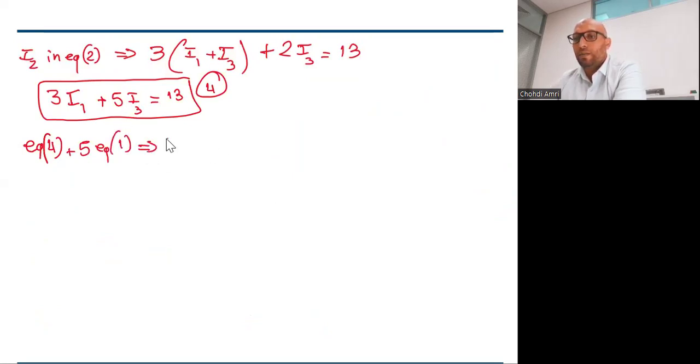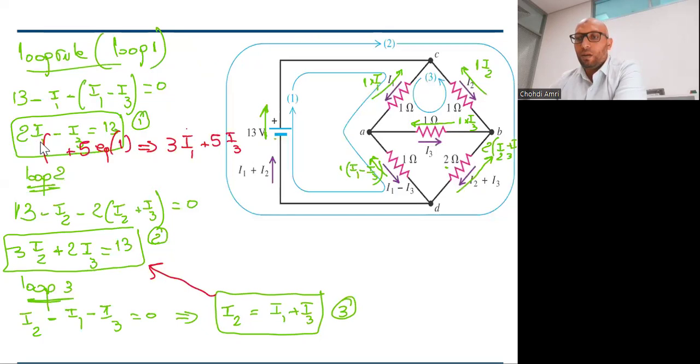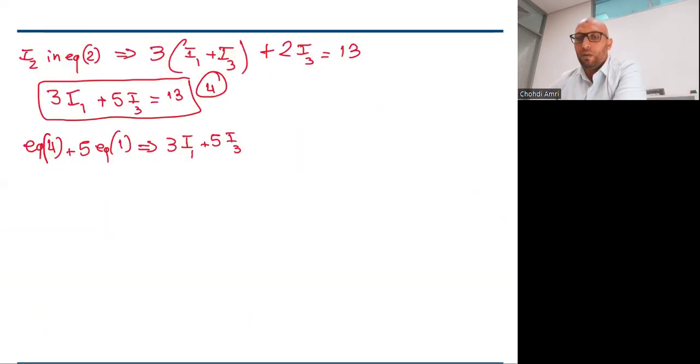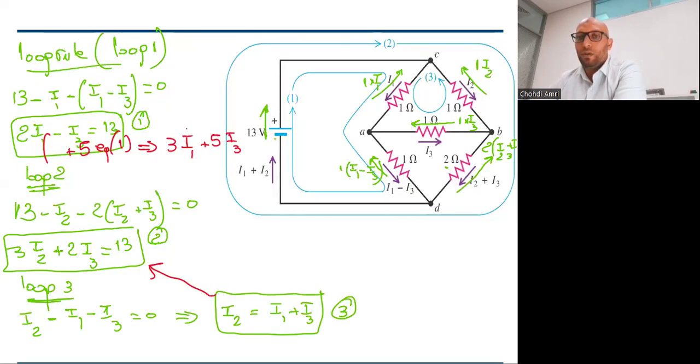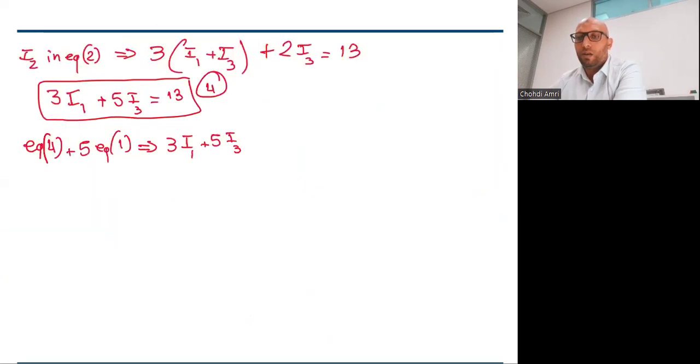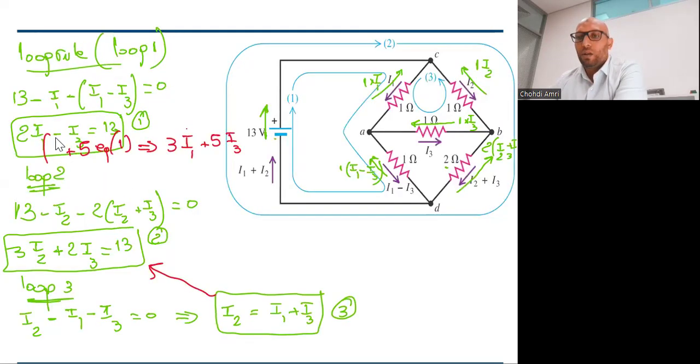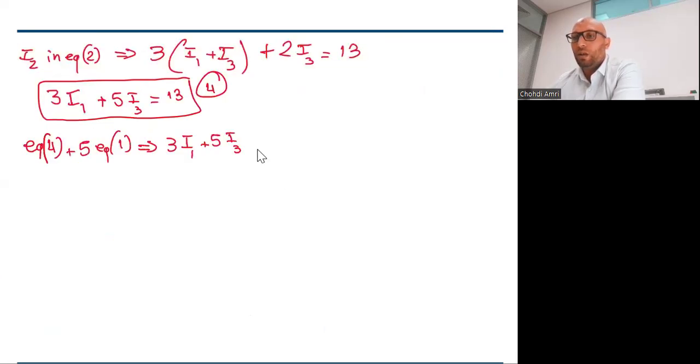We're going to get 3 I1 plus 5 I3, plus 10 I1 minus 5 I3.